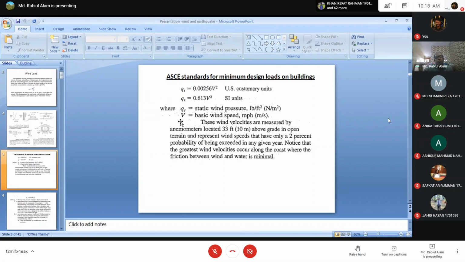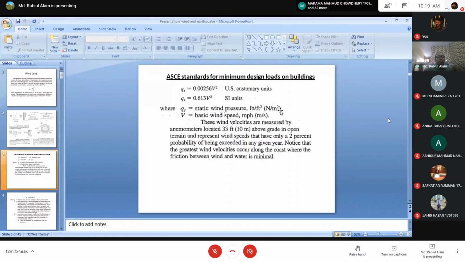Okay, so here you see there are two formulas. One is in US customary units, and another is in SI units. You know the SI unit is the international unit, right? So in SI units, the q_s value will be in Newton per meter square.